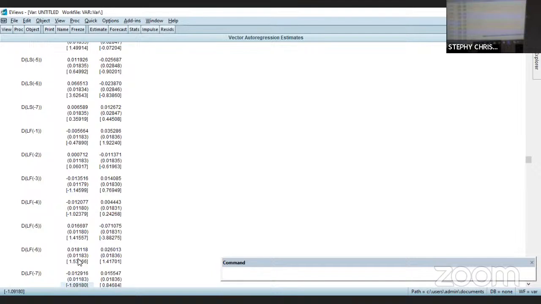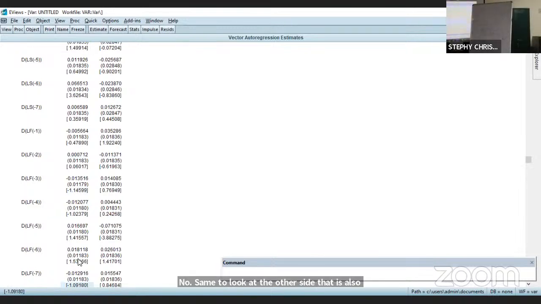Significant? No. Similarly look at the other side. That is also insignificant. How to look at it? Here, here, here. Correct? No?